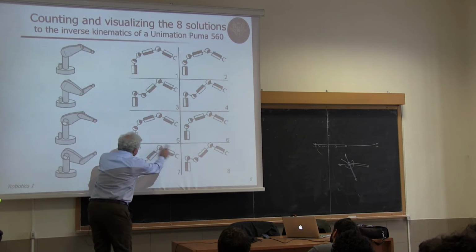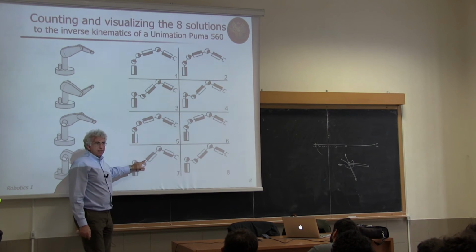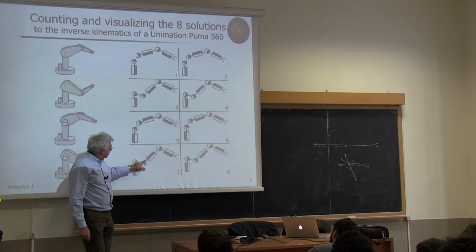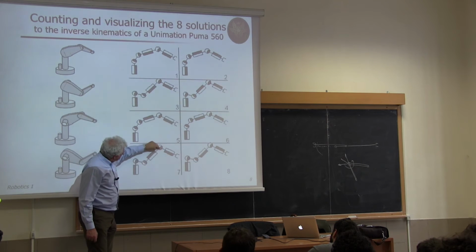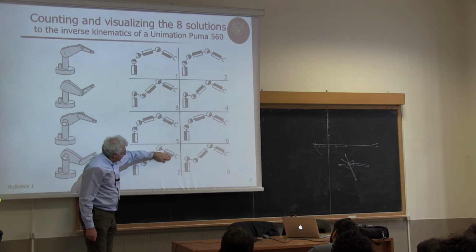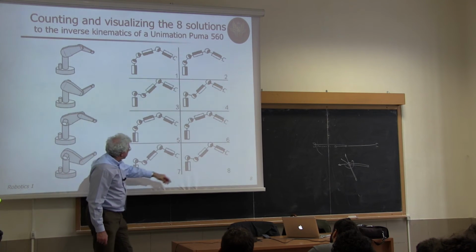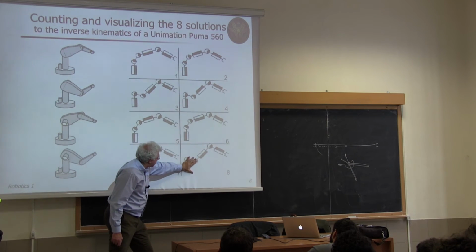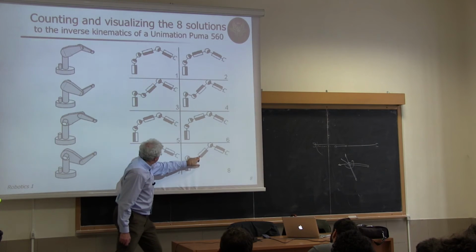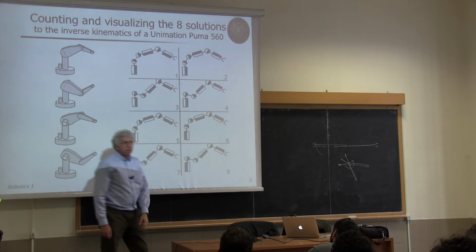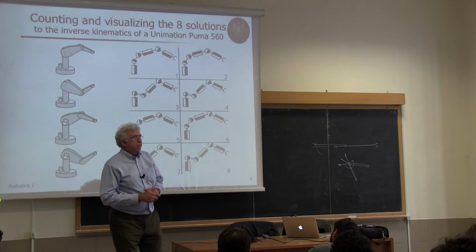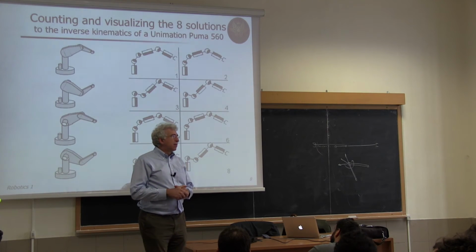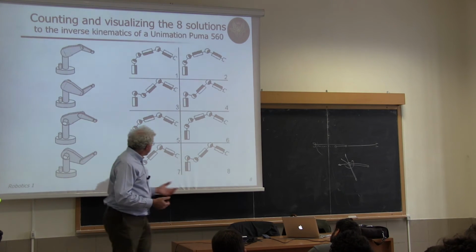Now, these 3 are the 3 axes of the wrist. And you see that this is top, then there's something, and this is down. Okay? And here, same solution for the first 3 joints, and this is down, this is the same, and this is top. It's just a matter of coding. Okay?